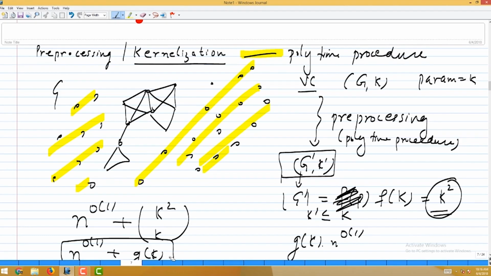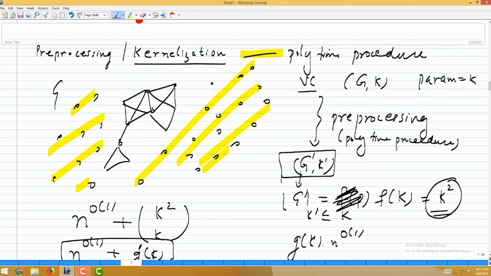It's not difficult to see that such an algorithm can be thought of as an algorithm of this running time also. You can write this running time as a multiplicative expression like this for an appropriate g. That's not hard.